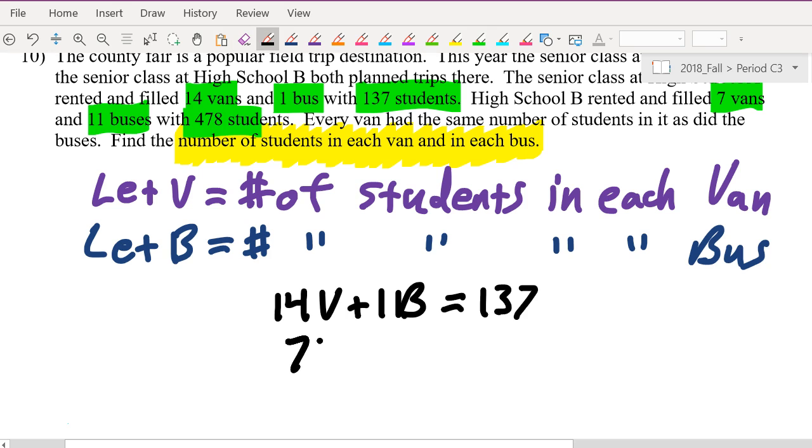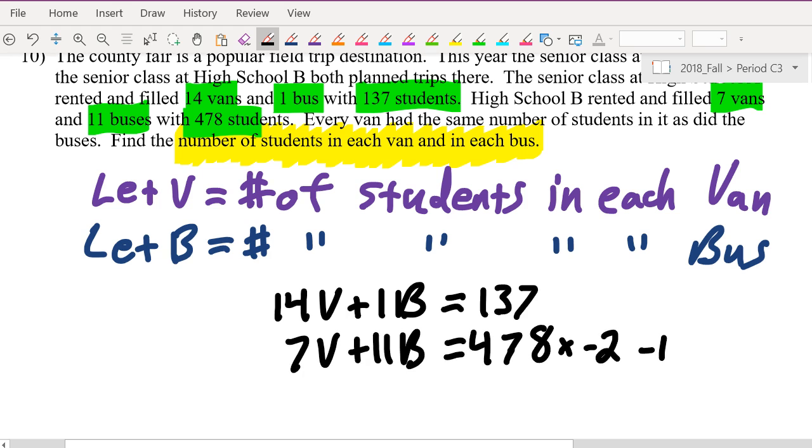Okay, so therefore, let's see, can we simplify any of these? Nope. No, it's 11B. 1B and 11B. So that means we're going to have to multiply one of these. Oh, let's multiply this one times negative 2.